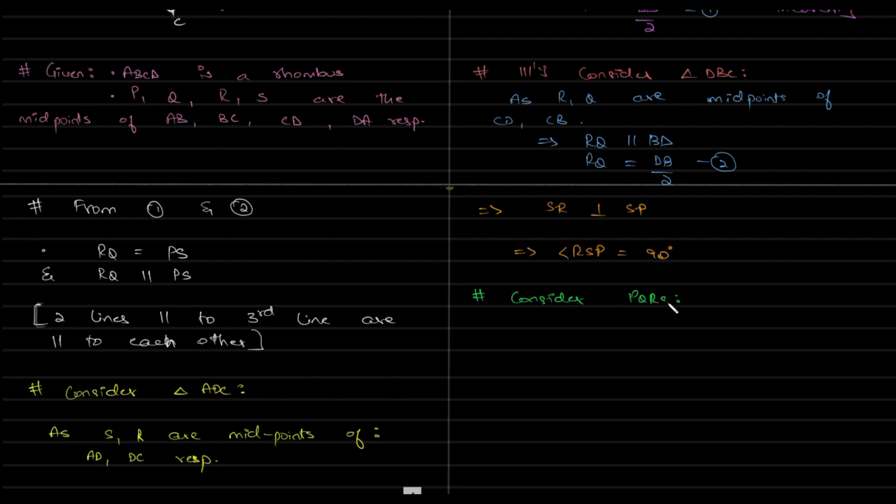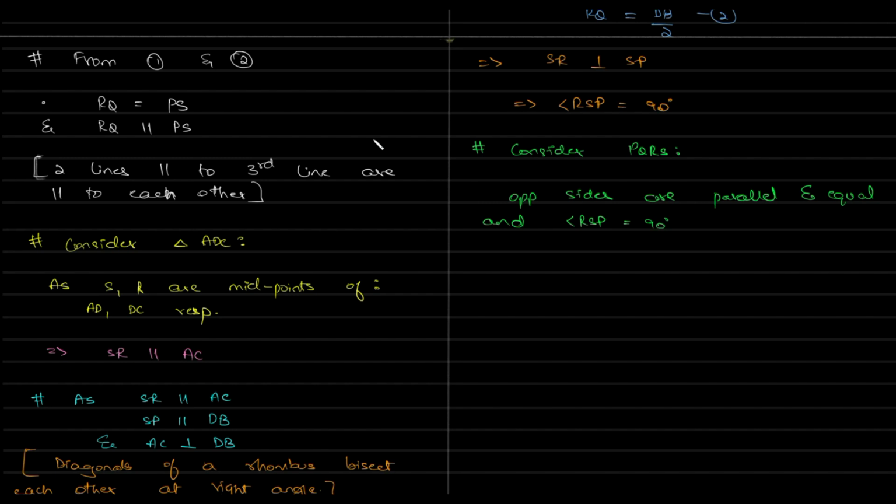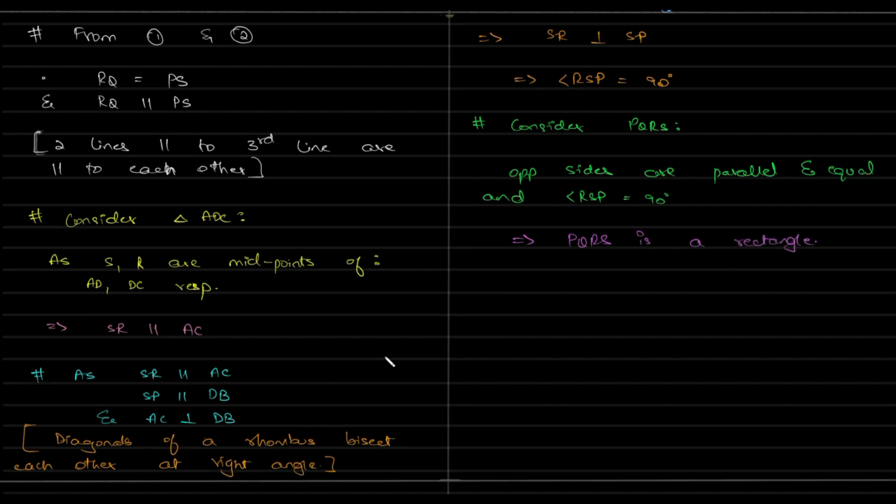We saw that opposite sides are parallel and equal, and angle RSP is equal to 90 degrees. All of this information indicates that PQRS is a rectangle. So this is your working.